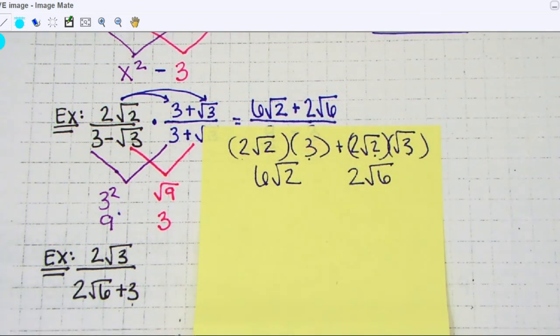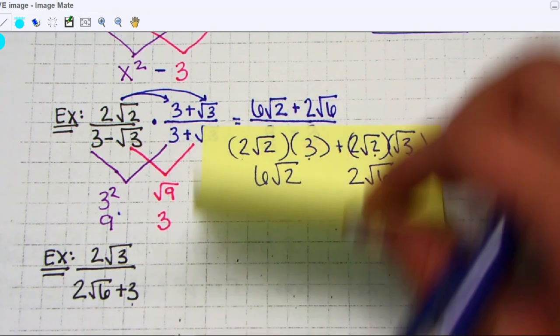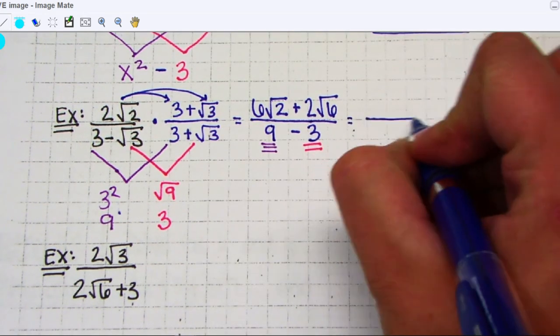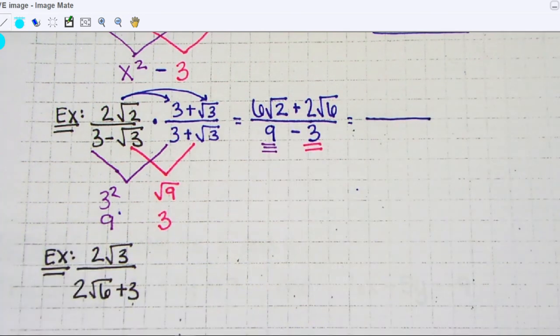You're just distributing. So it's basically exactly like what we did on the front page, only now it's in a fraction. But mathematically, same thing. Multiply the coefficients or multiply underneath. Okay. Now we need to simplify. Can I simplify the square root of 2 or the square root of 6?